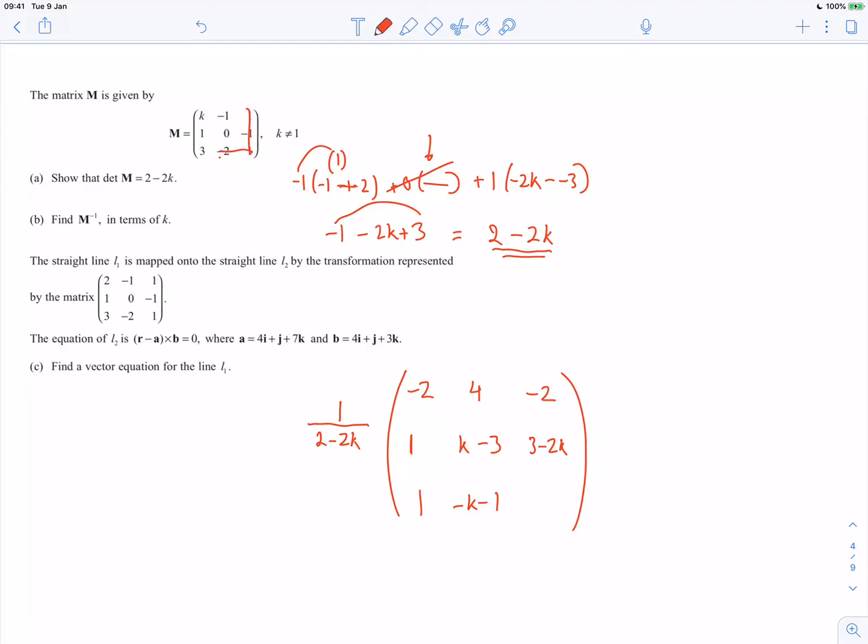And then from this one, I'm going to have k times 0 minus a -1, so that's a 1. And then remember, there's 4 things. I always get this wrong. There's 4 things when doing the inverse of a 3 by 3 matrix. One of them is 1 over the determinant.